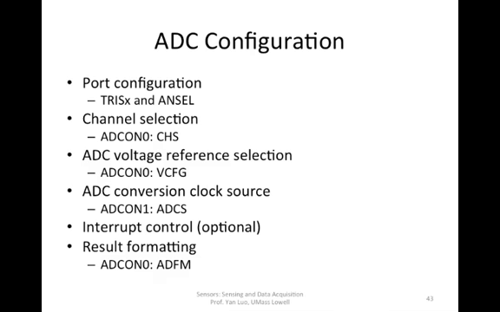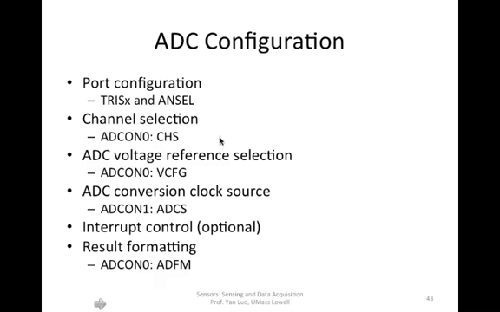Here's a list of the registers that you need to look at, and their bits you need to carefully configure in order to perform this ADC. Port configuration: you will need to determine which pin to use as the input.